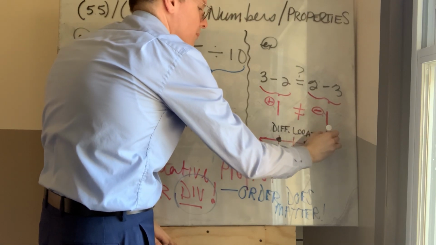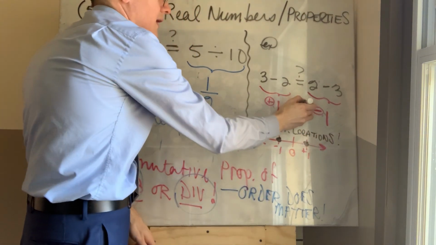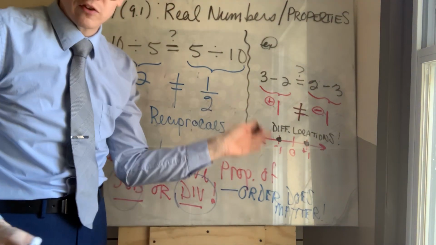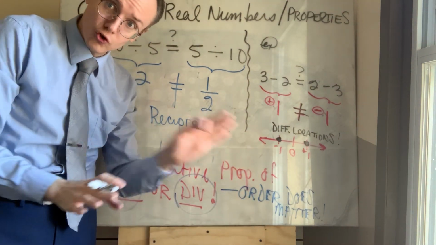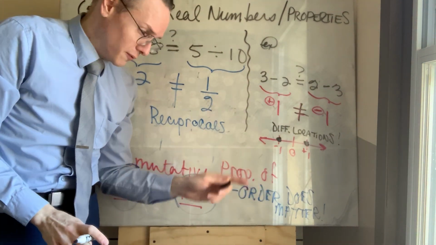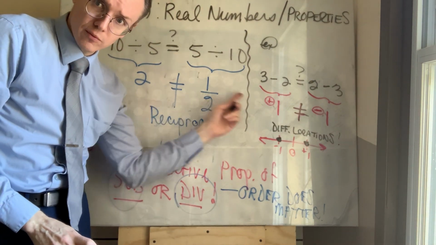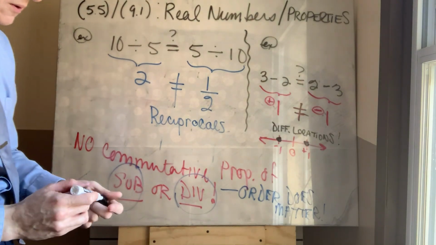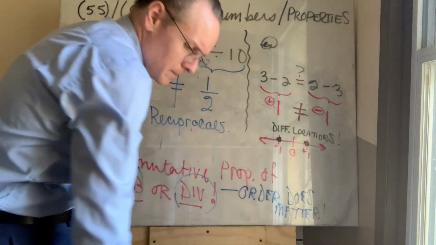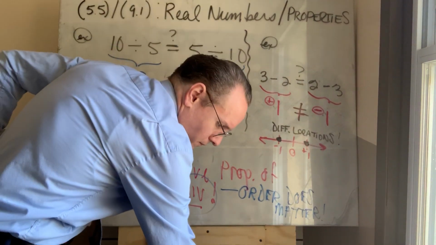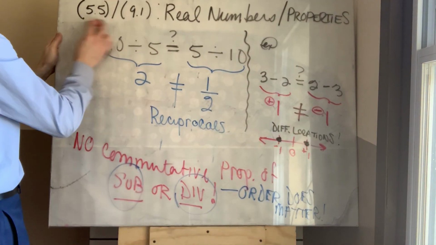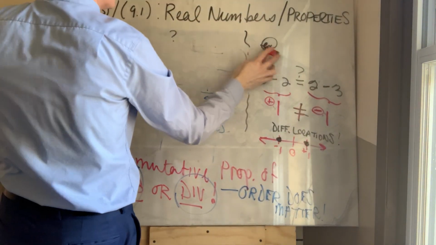They do not overlap, so they are not equal in spite of any similarity, and hence there is no commutative property, and therefore order does matter for division and for subtraction, respectively. Okay. Then there's the associative property.